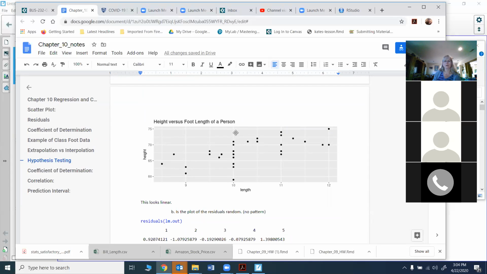This person's way up here. So there is variability in people's heights based on their foot length. And the question is how good is the model at actually figuring out that variability?